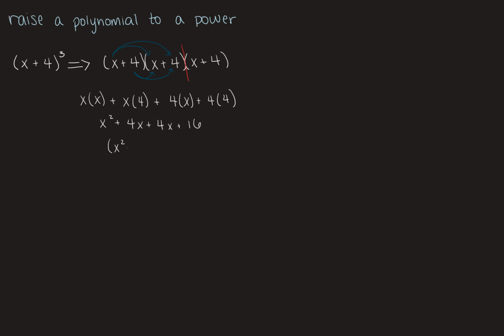Now let's bring down our other binomial of x plus 4. We're going to take the product of our first two binomials and multiply that by our last x plus 4. So every term in our first polynomial will be multiplied to every term in our second.